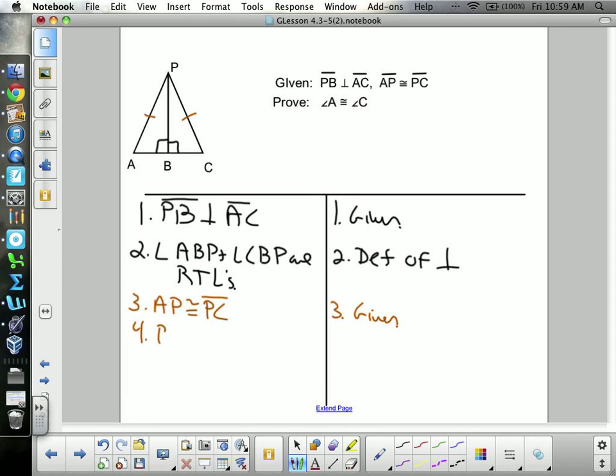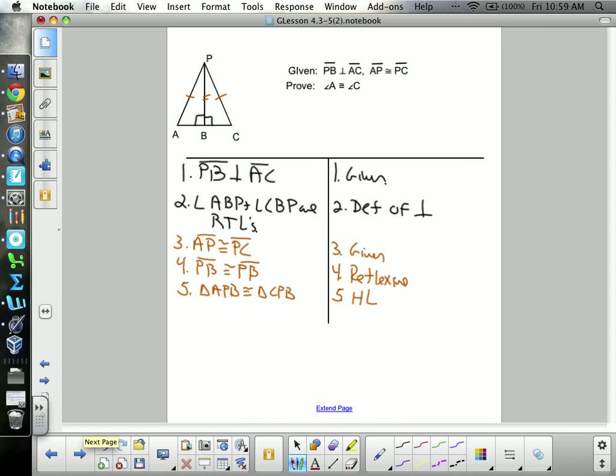And PB is congruent to PB. What would be my reason? Reflexive. So that's congruent to that, and that's congruent. That is HL. So triangle APB is congruent to triangle CPB. We got HL.